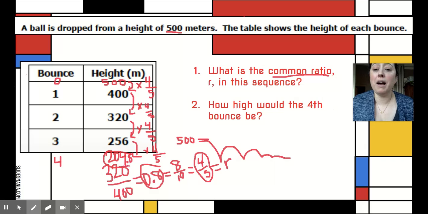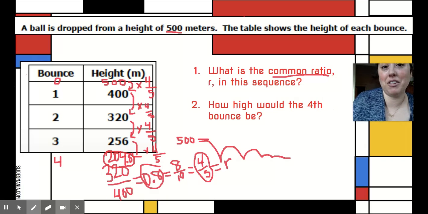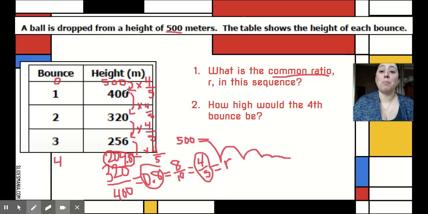Okay, so about 205 meters. All right, that's how high the fourth bounce would be. Okay, remember the y values, the range can be decimals. It's just the domain that we normally say, term 1, term 2, term 3.